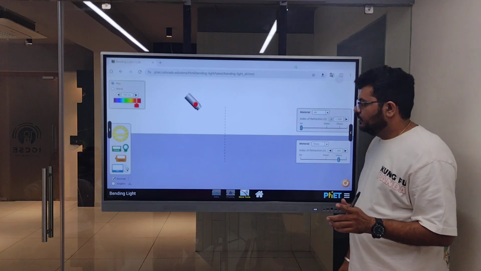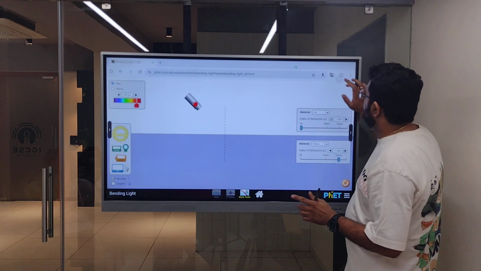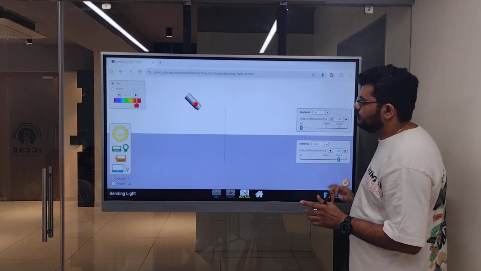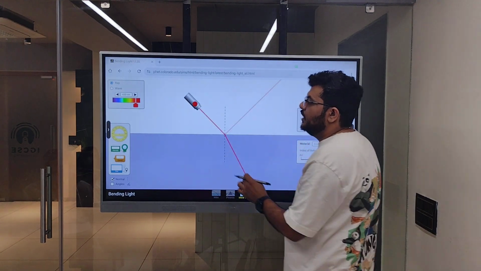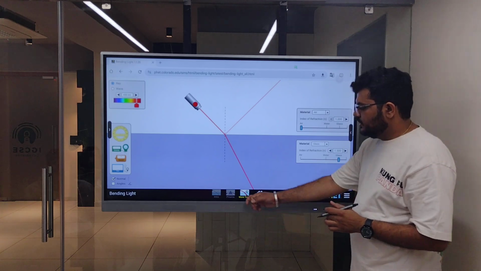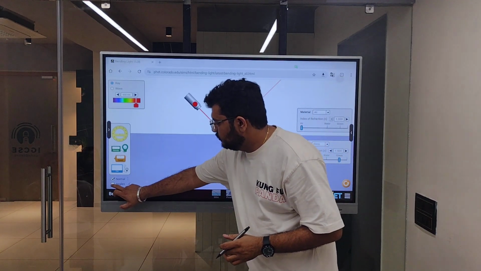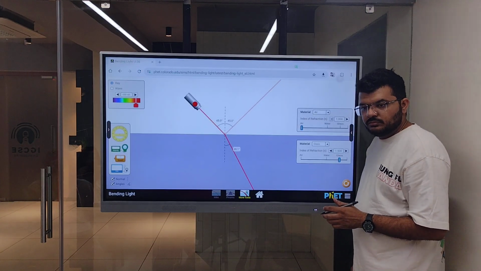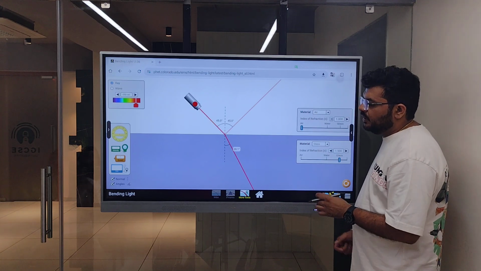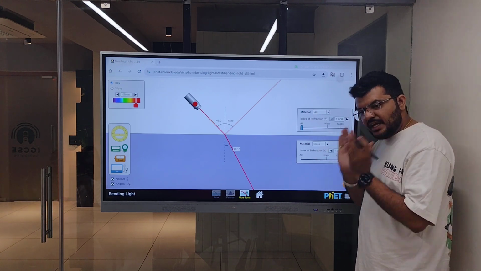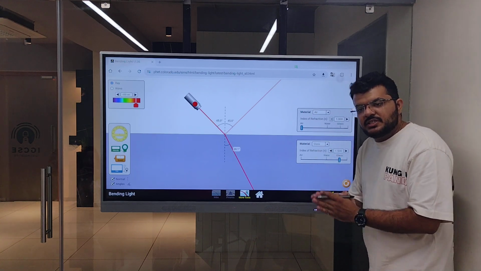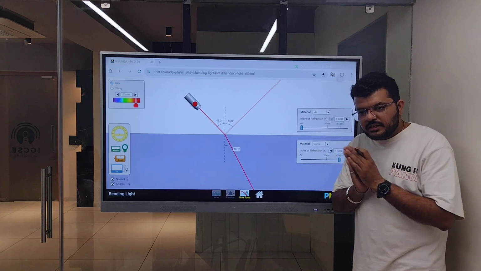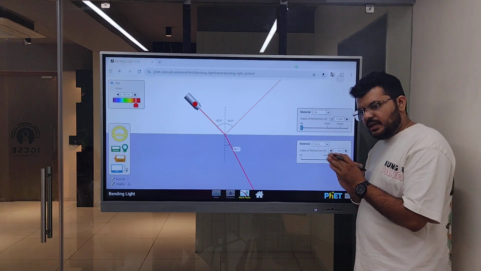But what is the use of index of refraction over here? No, I don't understand what is the use of index of refraction. We are trying to understand when exactly light stops refracting and starts reflecting. That is what we are trying to understand, right?